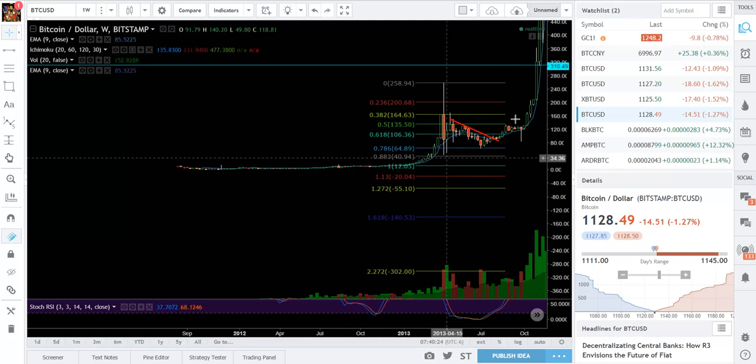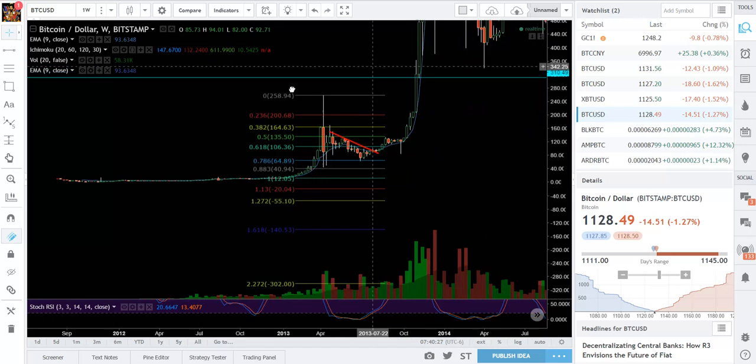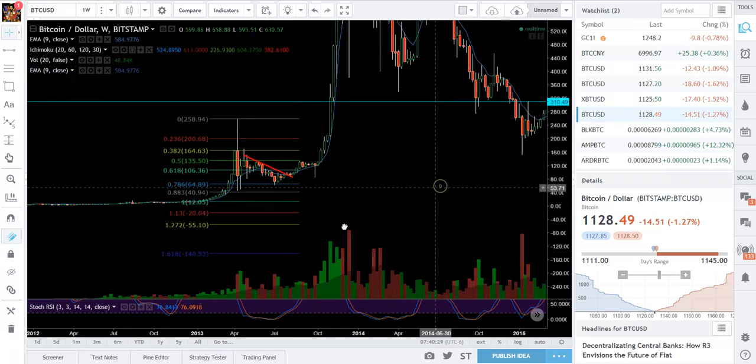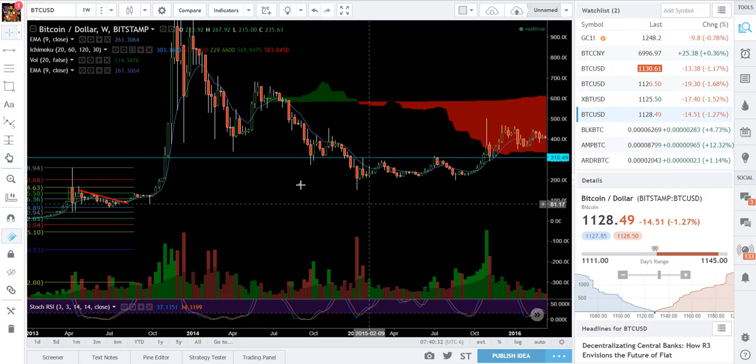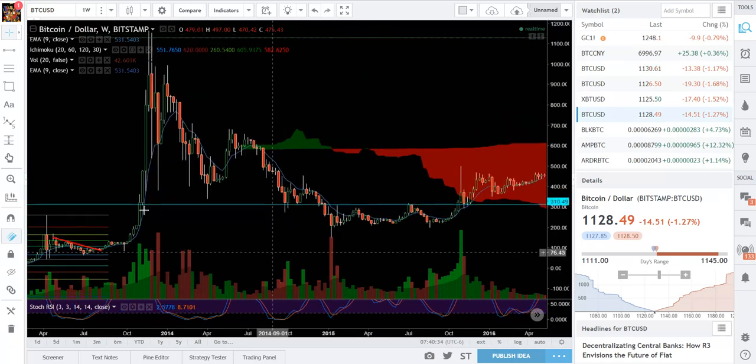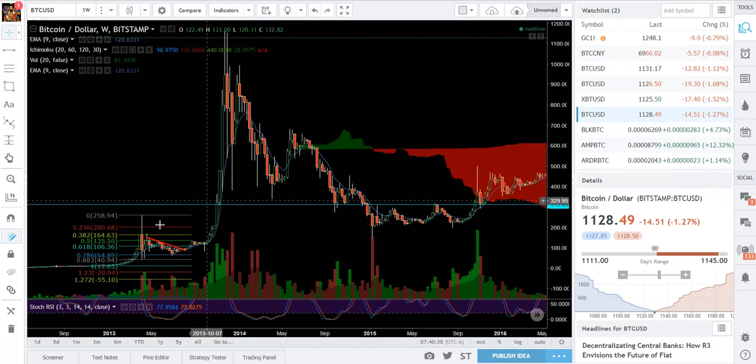So this bubble happened faster than the next bubble, and then this next bubble took longer, and this next bubble's taking longer, and the waves are getting bigger. So right now, Bitcoin is about this point of where this market cycle was, where we rallied all the way back up, and then we broke a new all-time high, and then we continued to rally.